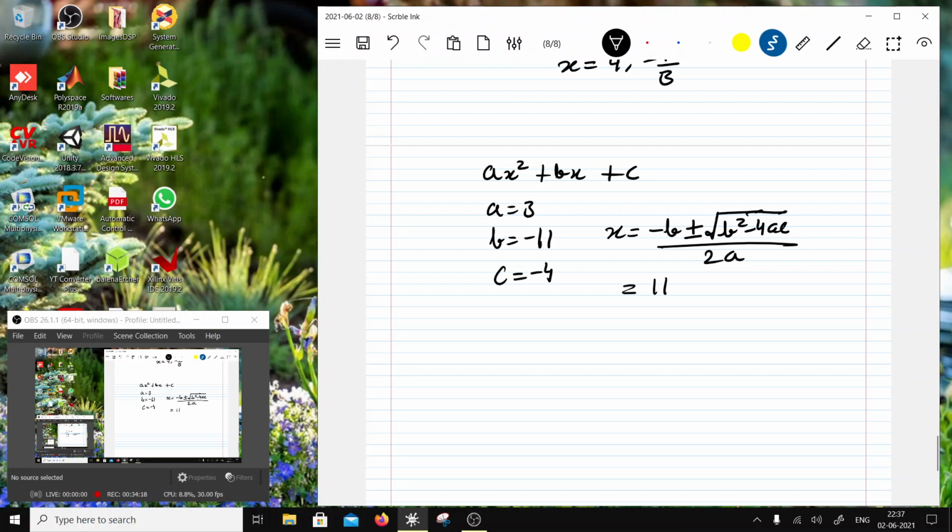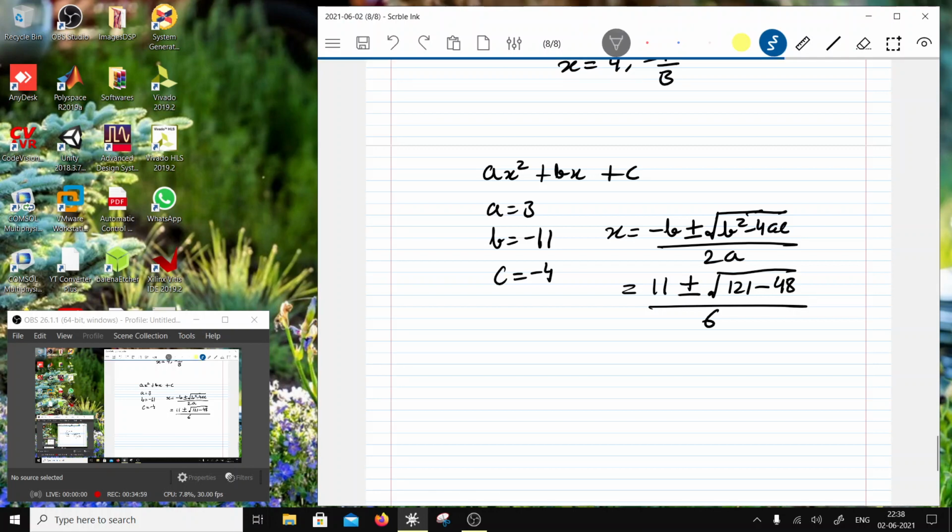Minus b is 11, plus minus root of b square, 121, minus 4ac, 4 times 3 is 12, 12 times 4 is 48, divided by twice of a, which is going to be 6. So 121 minus 48 is 73.